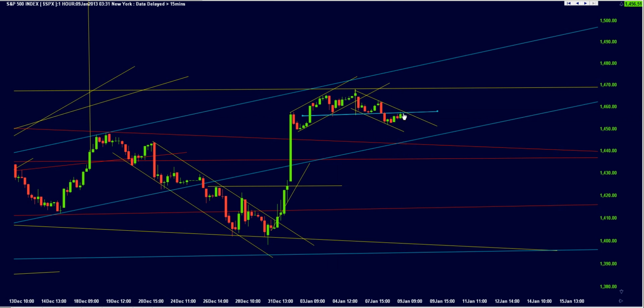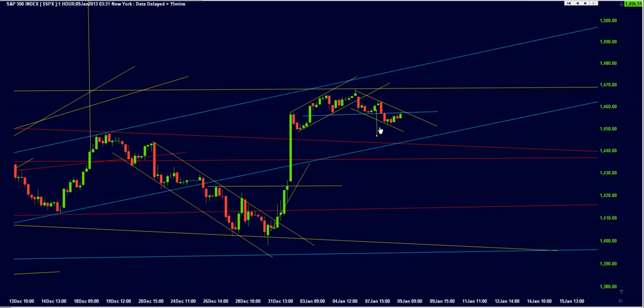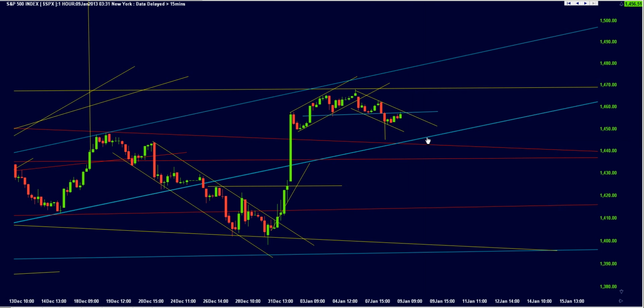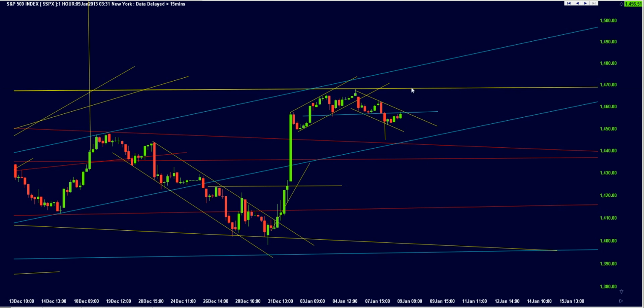We've back tested this blue neckline, and so we could probably expect in the short term that the S&P 500 will come down and probably tag around this blue line here. It'll be interesting to see if this blue line breaks, because the minimum target does actually just break that area. But if we see a reverse in tonight's trade and this yellow line does get taken out, we would then be looking at another trip up to around that 1470 area.